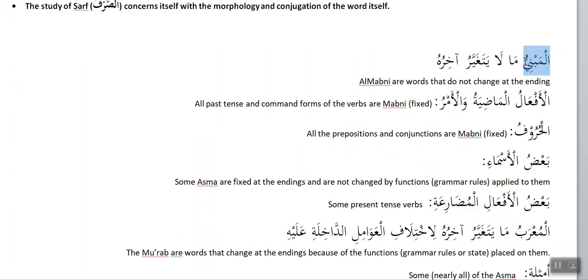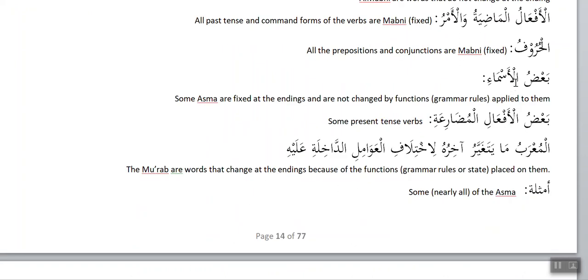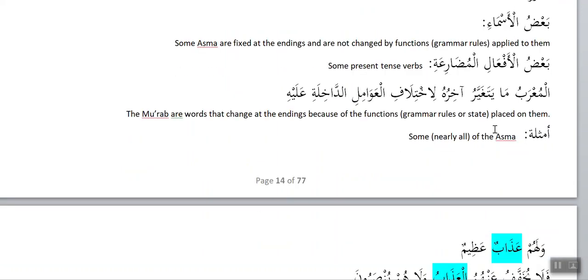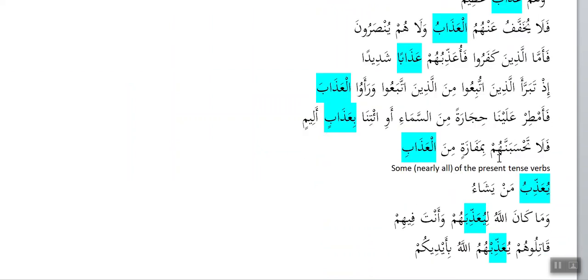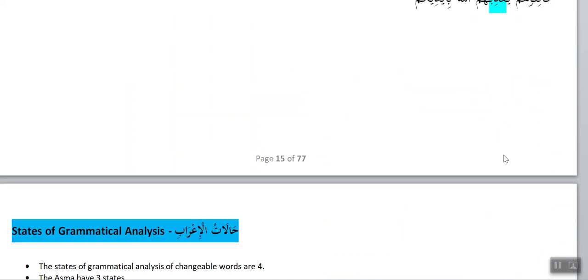The words that are mabni, meaning fixed, are the past tense verbs and the command form of the verbs, all the prepositions, some of the asma, which is the plural of ism, and some of the af'al, which is the plural of fi'l, present tense. Other than that, everything else changes in the ending, which are the rest of the asma, nearly all of them. I give you one example here, and the present tense verbs.